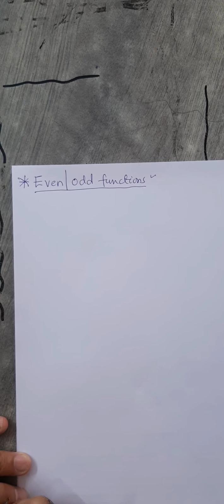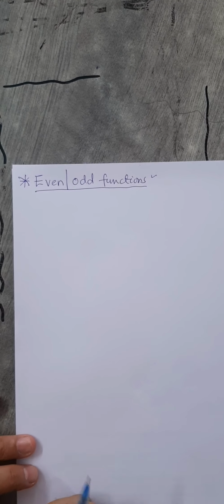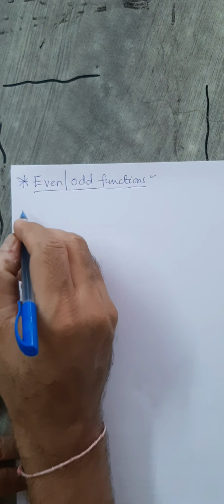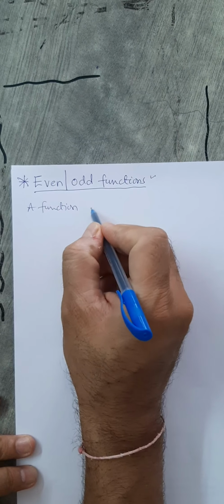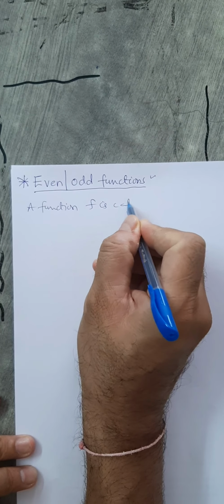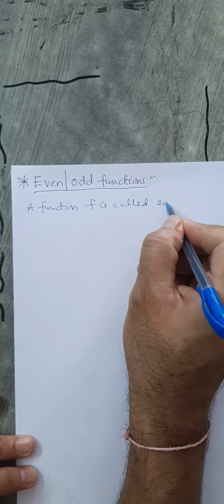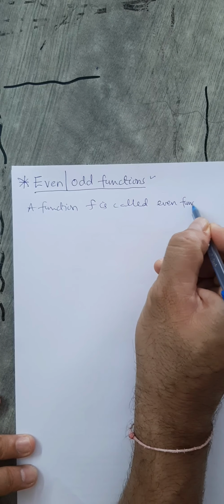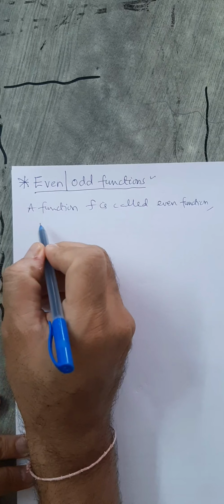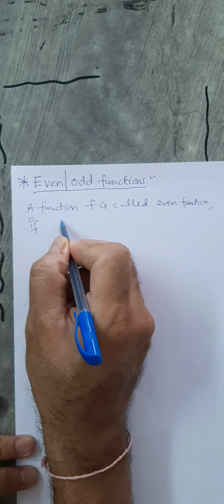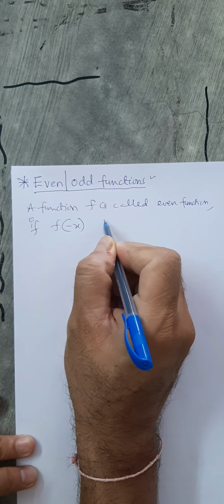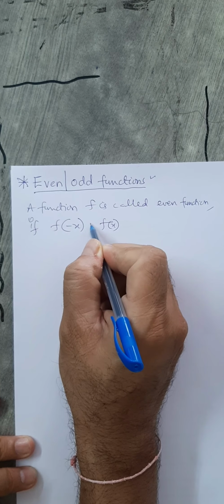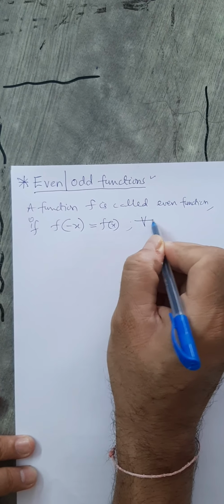Now next concept is about even odd functions. So here I'll write a function in general. A function f is called even if you find f of minus x, you find f of x, both must be equal for every x.